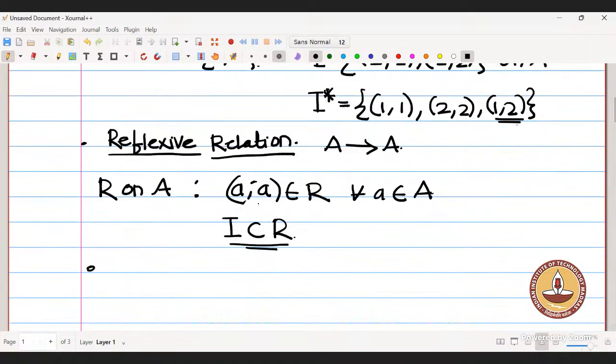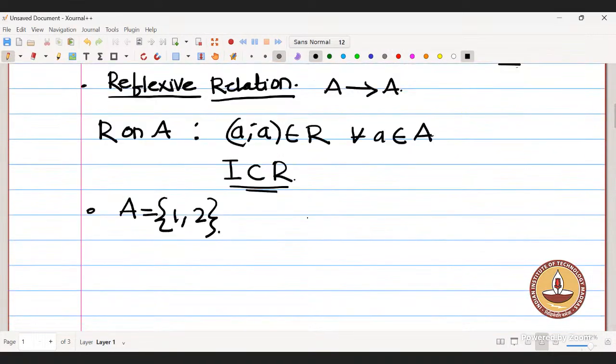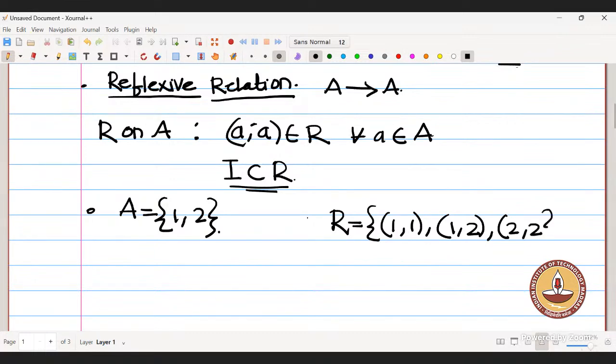Again, if I take the same set, {1, 2}, and consider a relation R, which is {(1,1), (1,2), (2,2)}, then as you can see, I is a subset of R, because you have (1,1) as well as (2,2). So this relation R is a reflexive relation.